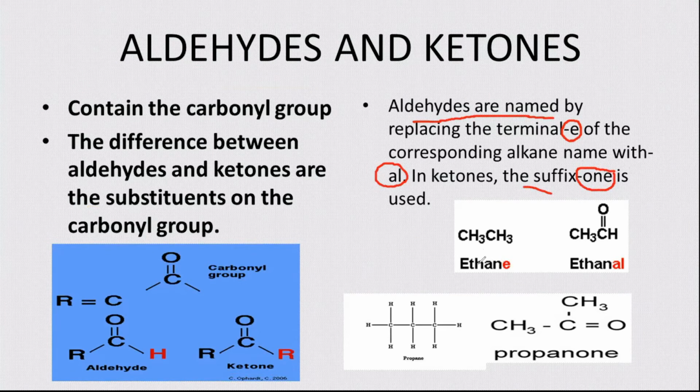For example, in aldehydes, we have ethane, ending with E, and we replace that with al: ethanal. In ketones, we have the suffix -one. For example, propane becomes propanone in ketones. So that is aldehydes and ketones.